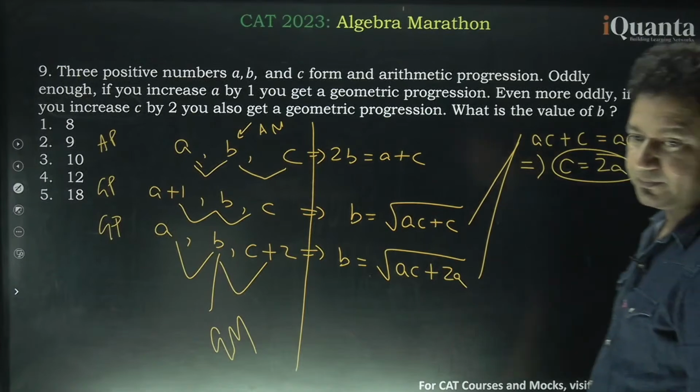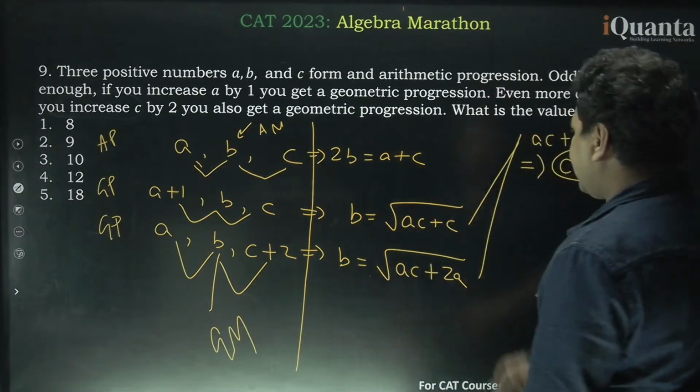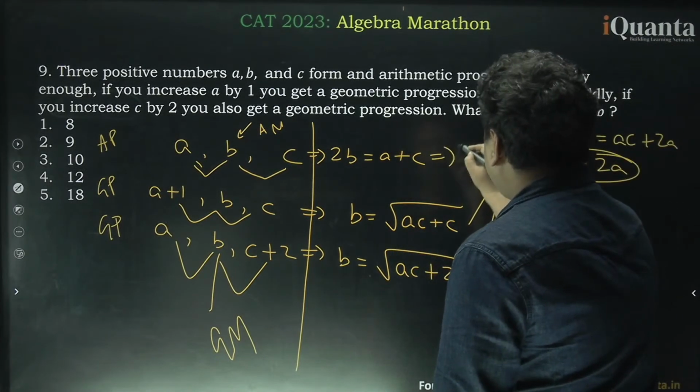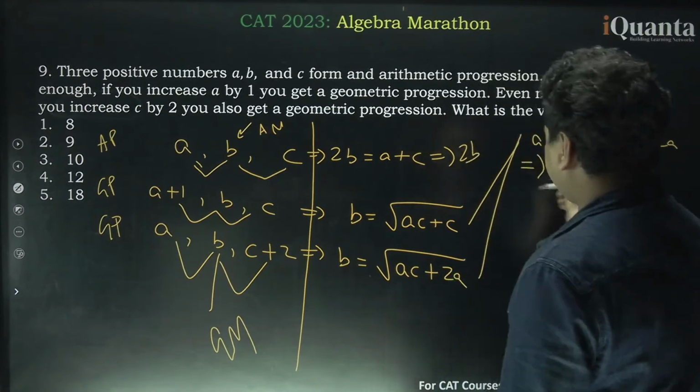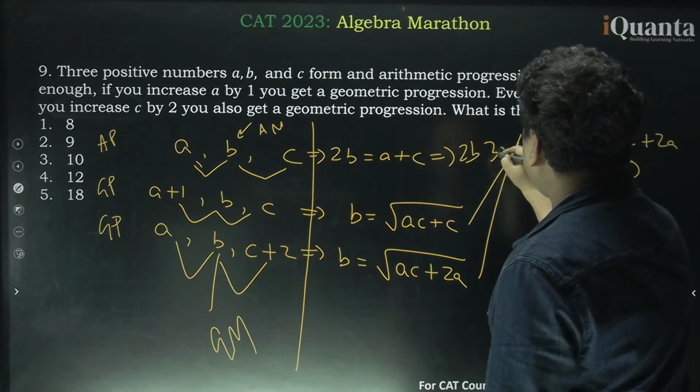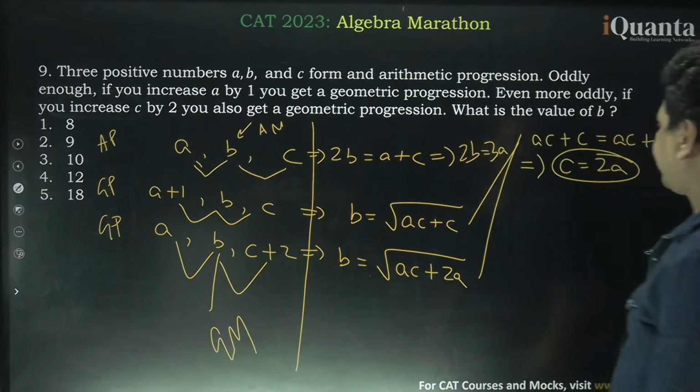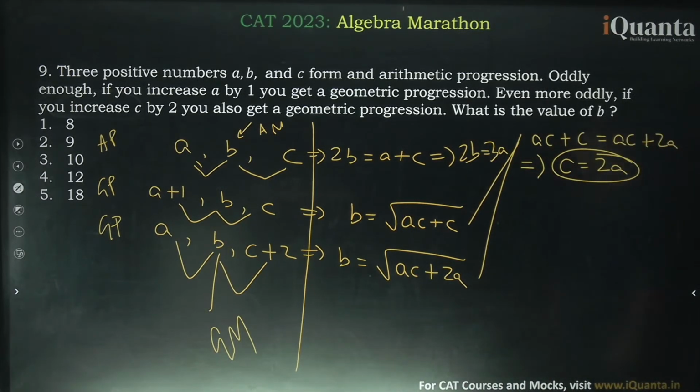Right? When C is equal to 2A, let's put it here. That means 2B will be equal to how much? 3A. Is that right? Now we have a proper ratio.